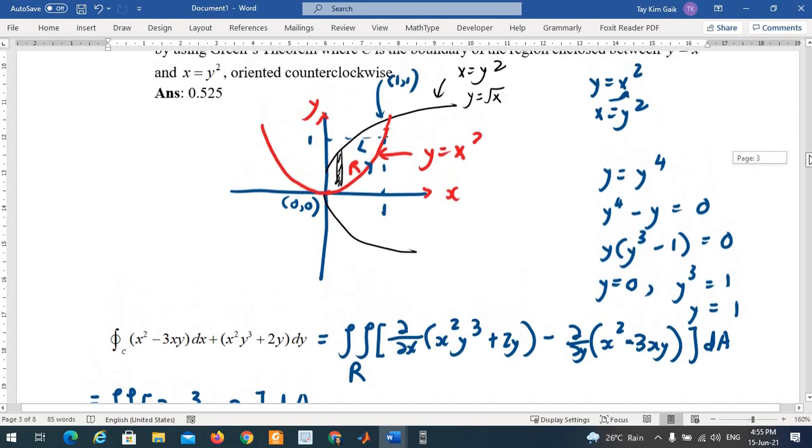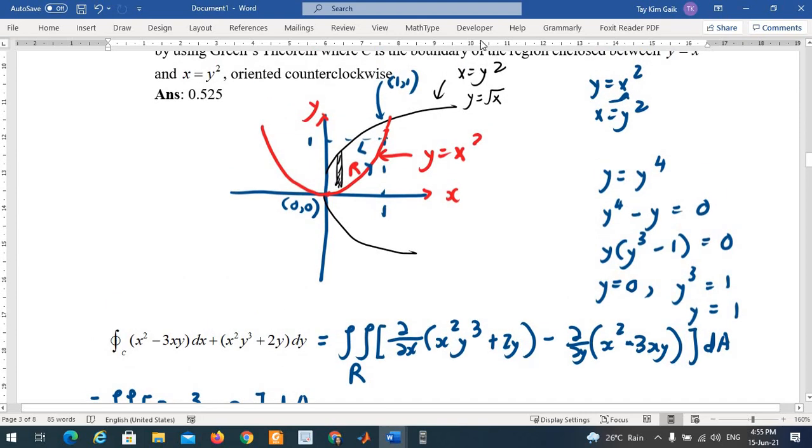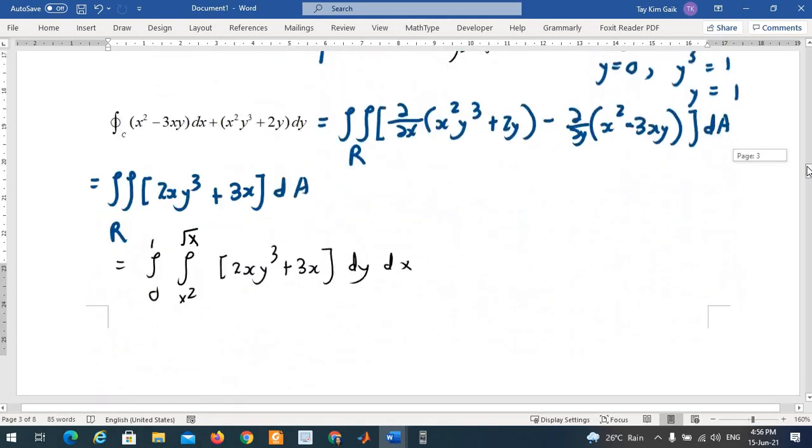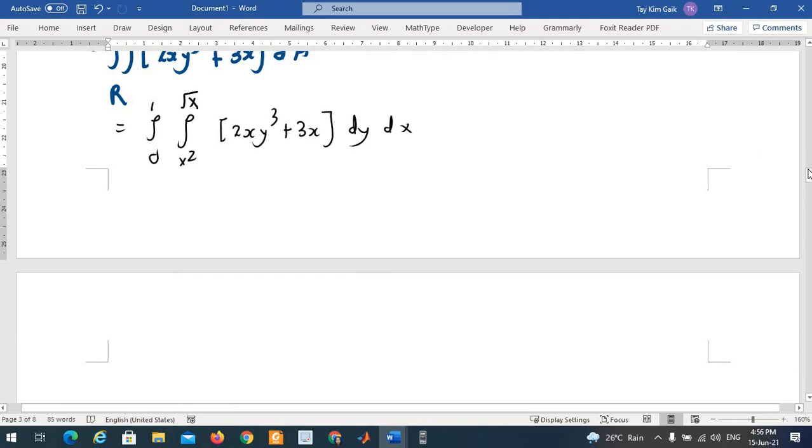For the upper limit of y, you want to integrate with respect to y, so you have to make y as a title. That's why y is positive square root of x, because in quadrant 1 y is positive. The fourth quadrant is actually y equals negative square root of x. Then you sum vertical bars from the left, which is x equals 0, until the right point, which is x equals 1. So now it becomes the double integral.